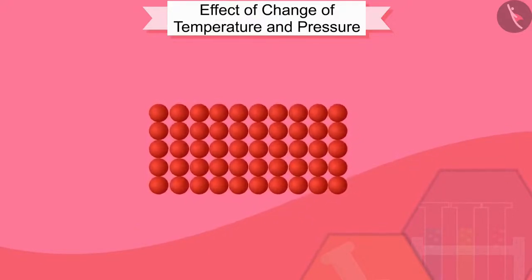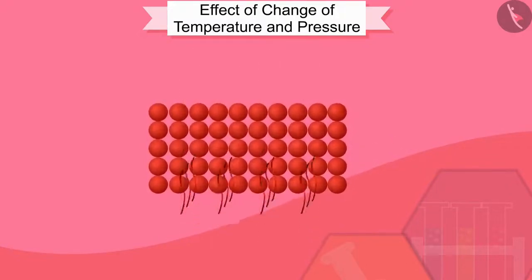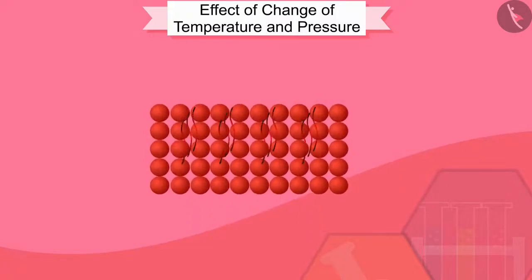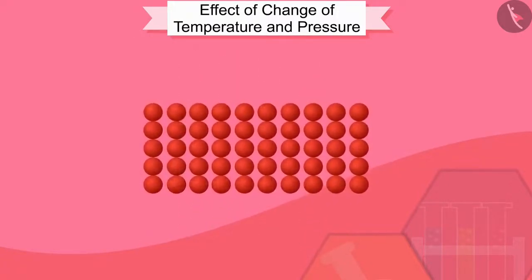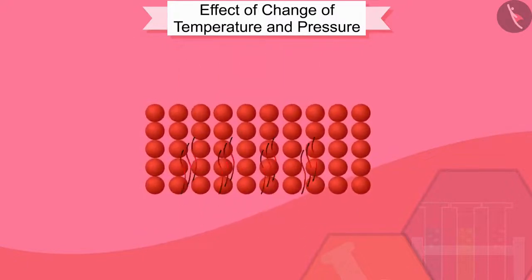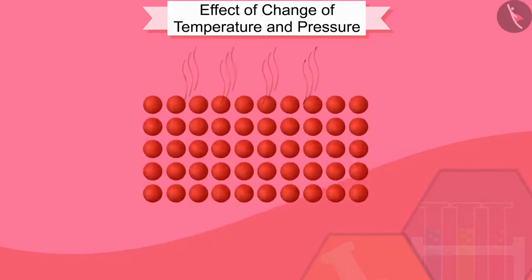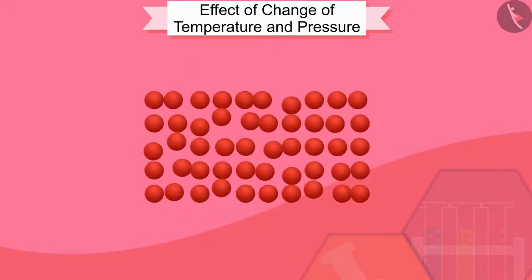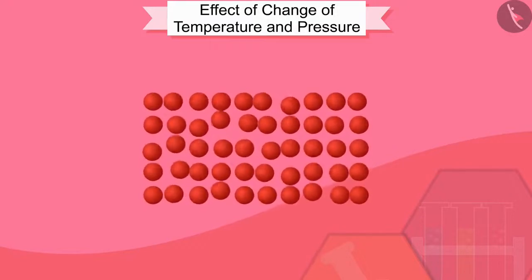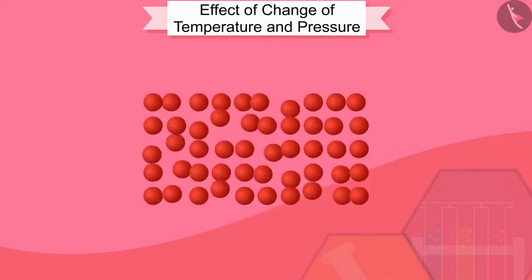As the kinetic energy increases, the particles vibrate more quickly. The energy supplied by heat overcomes the forces of attraction between the particles. The particles leave their fixed positions and start moving more freely. A situation comes when ice, solid, melts and becomes water, liquid.